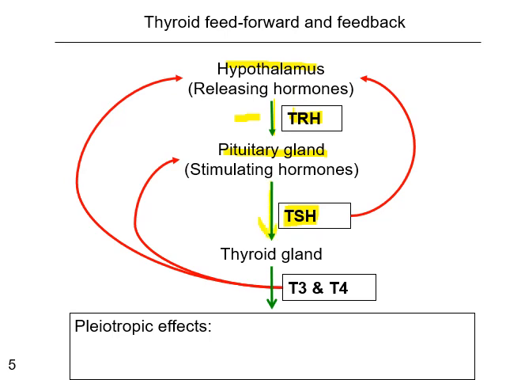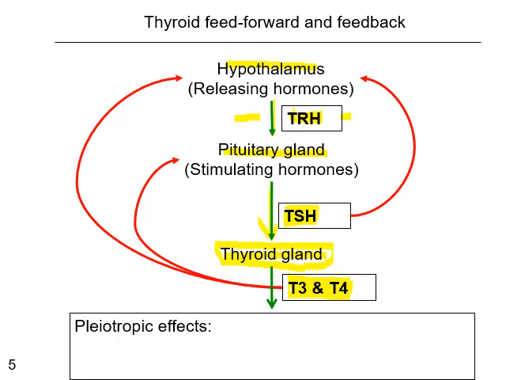The systemic blood goes everywhere, but the targets, the receptors for TSH are expressed on the follicle cell of the thyroid gland, which are stimulated to proliferate and to produce T3 and T4. So TRH stimulates the release of TSH, which stimulates the proliferation of follicle cells in the thyroid gland and stimulates them to secrete T3 and T4.